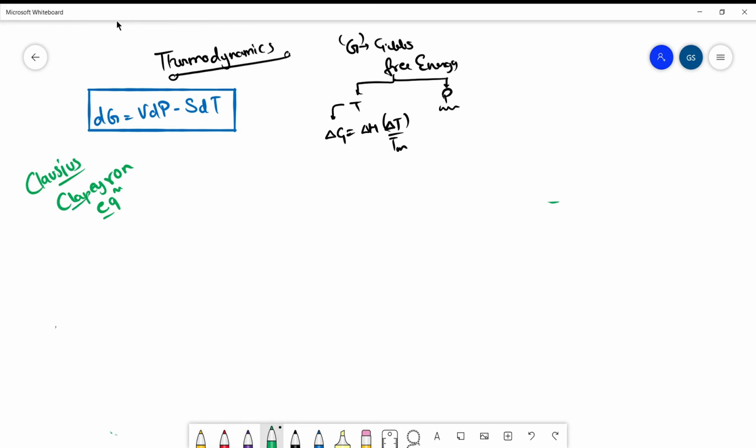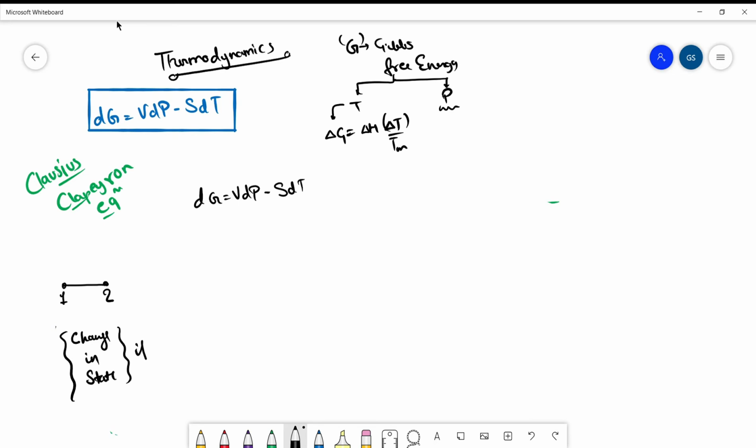Here we'll start with this point, that is dG equals VdP minus SdT. Let's say there is a system or a material, anything, and it goes from one state to another state, so there is a phase change or change in state, and that is only possible if delta G is negative. We all know that. Let's say this is our state 1 and this is our state 2.